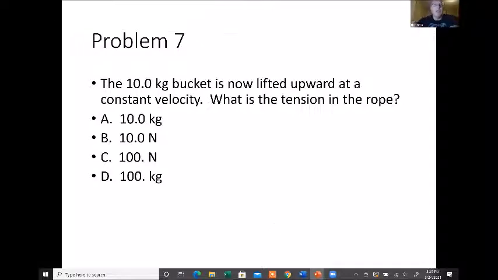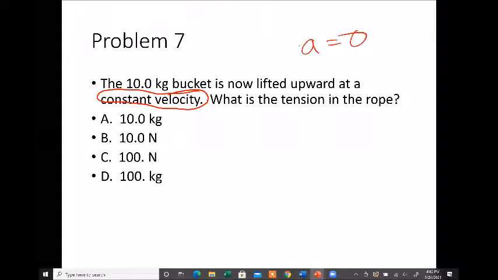So again, the key is constant velocity. Well, constant velocity means what about acceleration? Somebody unmute and tell me. Constant velocity means what? Zero acceleration. What does that mean about net force? If there's no acceleration, what does that mean about net force? There's none. There is no net force.